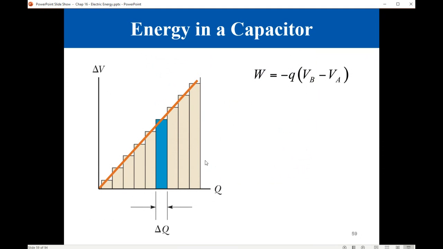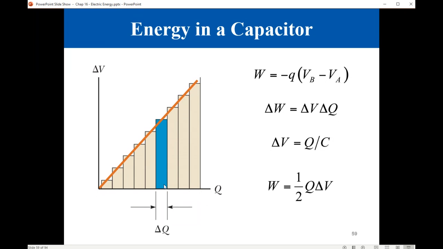When you add all these values, you get the change in the work, which is equal to delta V, delta Q for each one of these slices. Since we are interested in the area, this is the area of a triangle, which is half the base multiplied by the height.